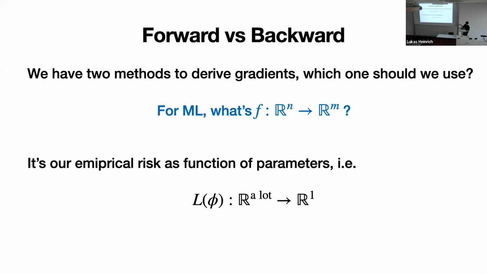In the neural network, we have many, many parameters, so the input space is very large, and the output space is scalar. There's a single number that characterizes the performance of the neural network, and we want to minimize that number. So what we're interested in is the gradient with respect to phi, which is high dimensional.